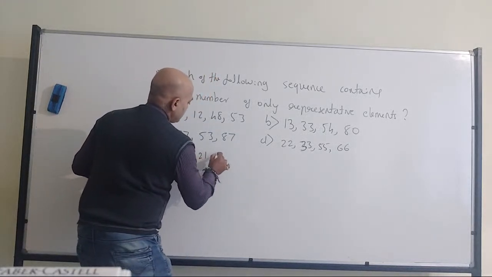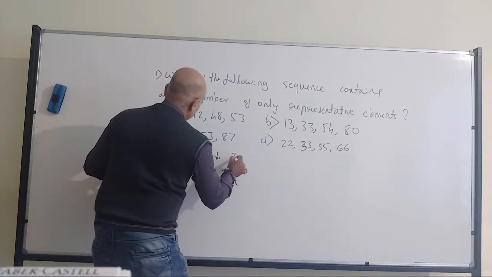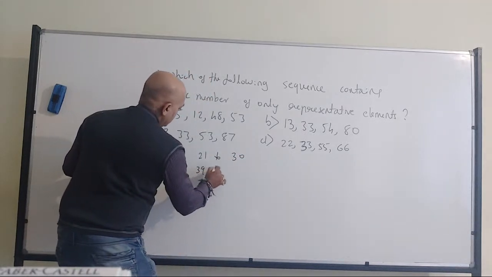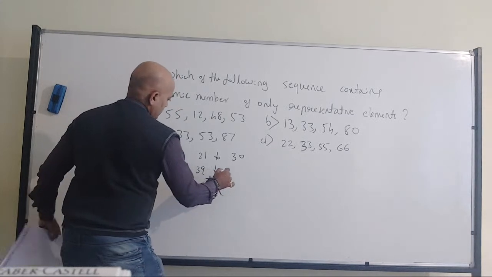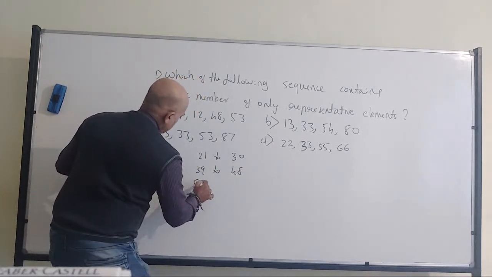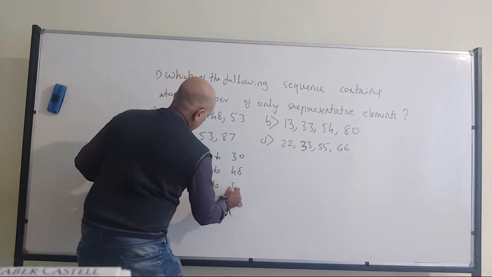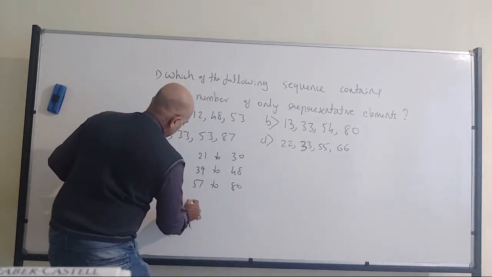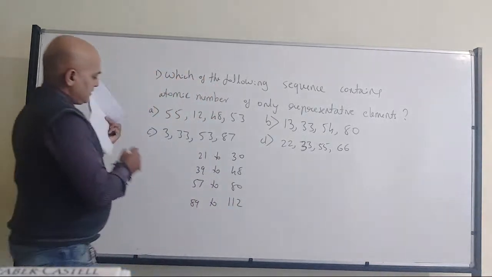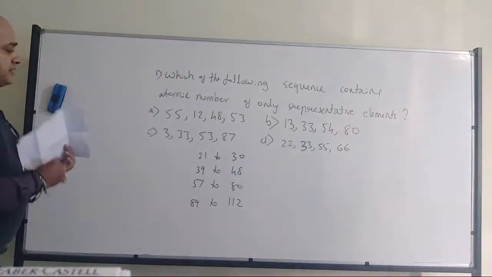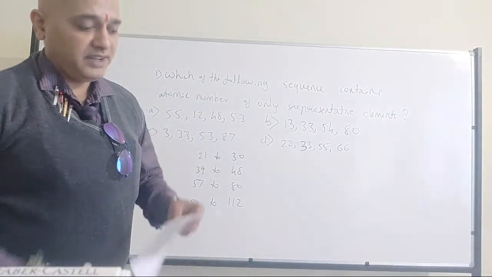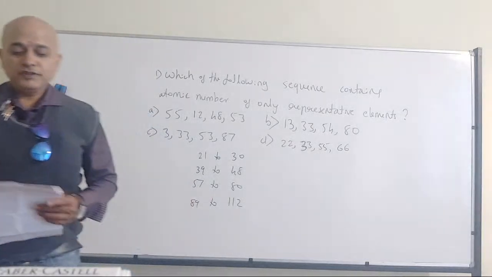So transition elements will be from 21 to 30, then 39 to 48 because we have to add. Okay. Then 57 to 80. Then 89 to 112. Okay, all of them are the transition elements, the in-between elements. So which should be the one?